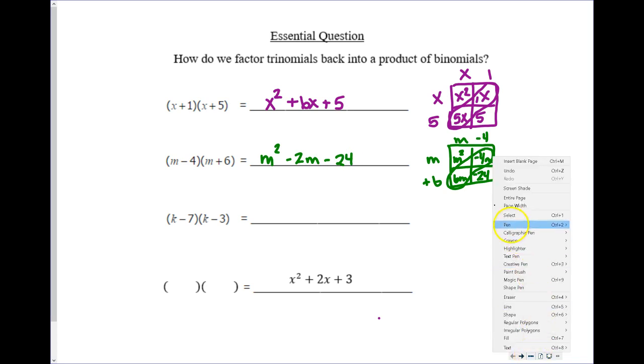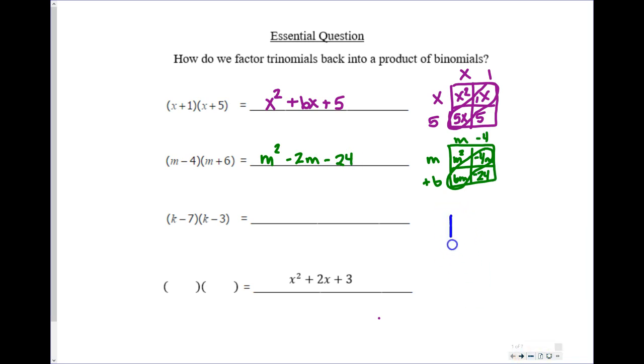And finally, the third one. k minus 7, k minus 3: k squared, negative 3k, oh sorry, negative 7k, and then positive 21. Combine like terms again, and I get k squared minus 10k plus 21.